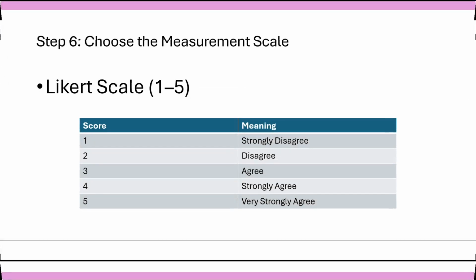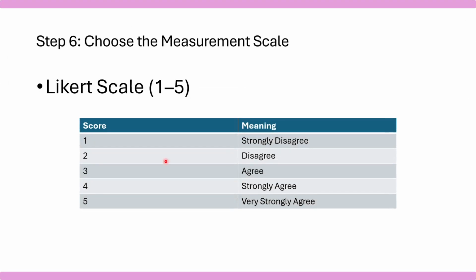The last step is you have to choose the measurement scale. I give you a template, where you're using a Likert scale. A Likert scale is a scale to measure the agreement or the satisfaction from the subject.